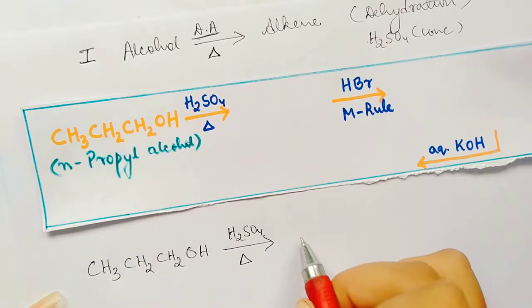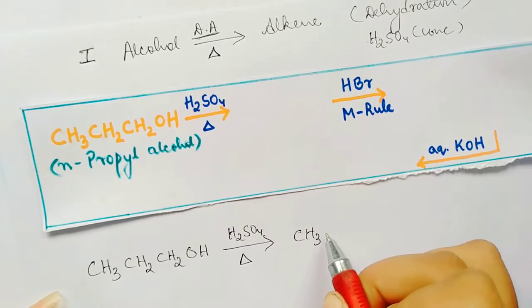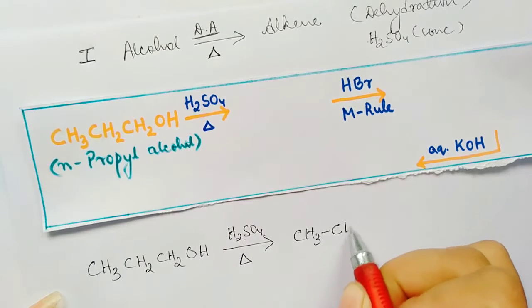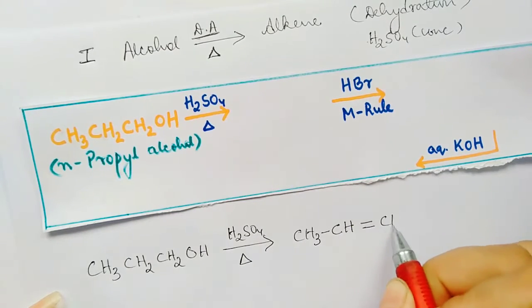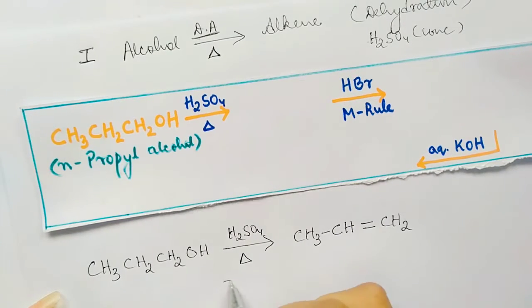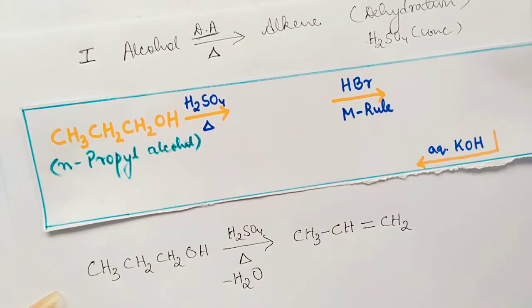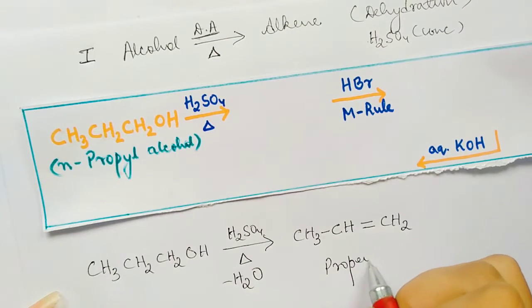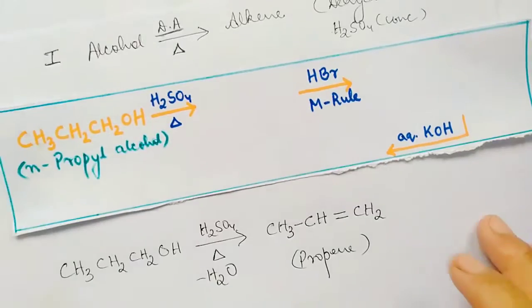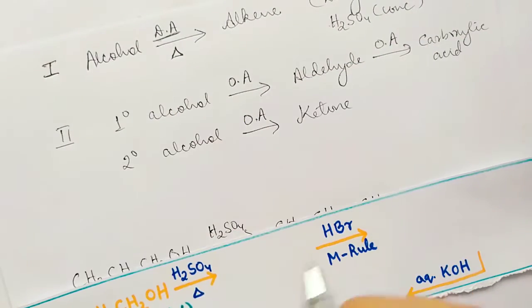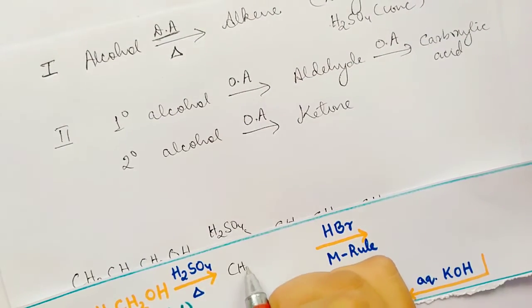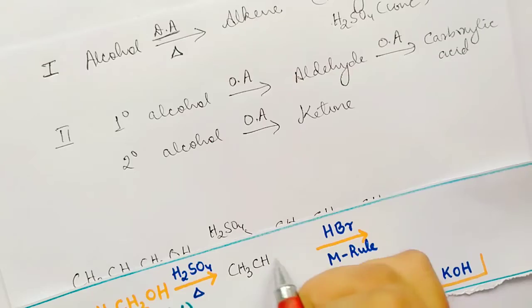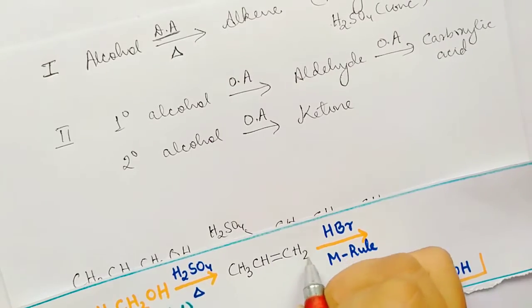So we get an alkene, CH3, CH double bond CH2. What is this? Propene. So you write here propene, CH3, CH double bond CH2.